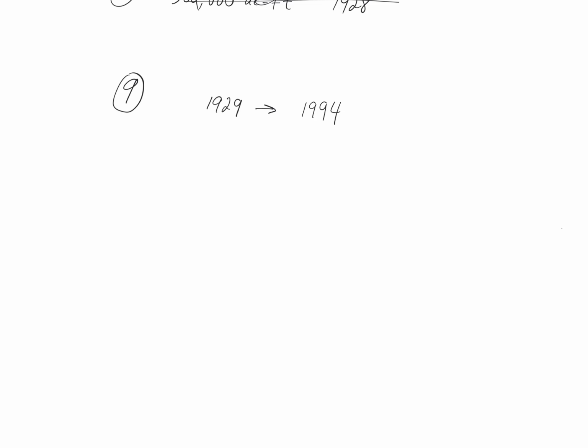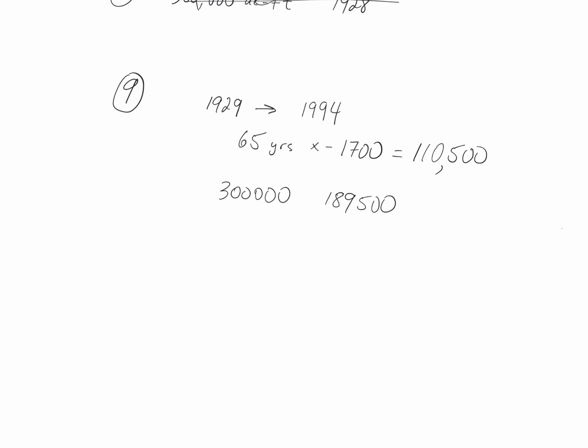So when you subtract those, you get 65. 65 years times negative 1,700 per year, and that will equal 110,500. And if you subtract that from 300,000, you get 189,500. So the answer is B.